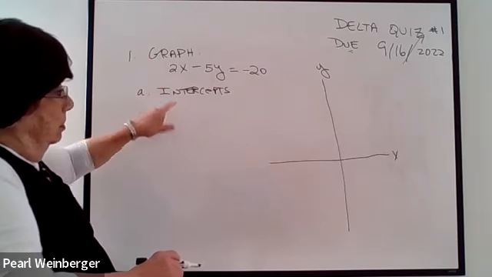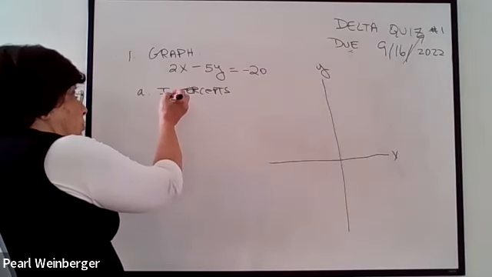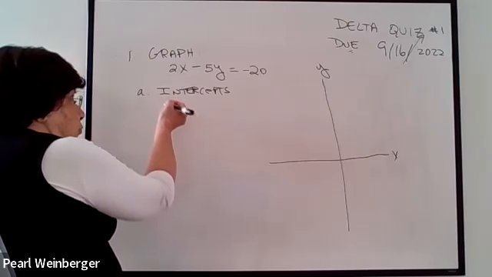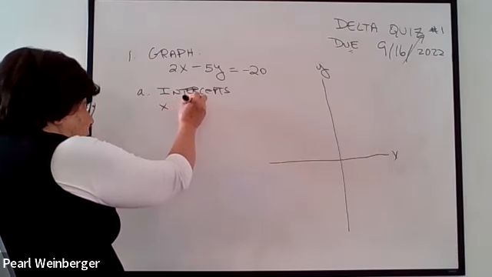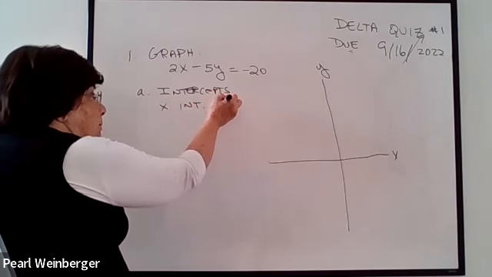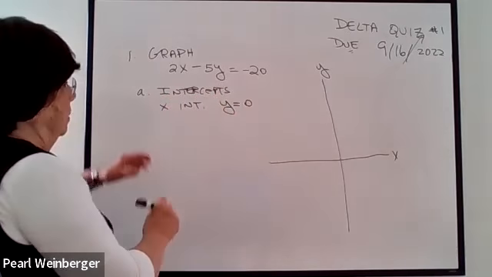Now, as I said, one way is to find the intercepts. So to find the intercepts, we have two intercepts. We have the x-intercept, which we find by setting y equal to 0 in the equation.